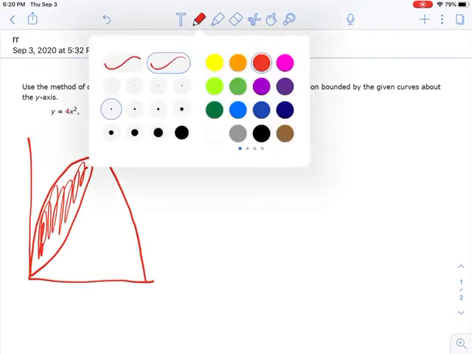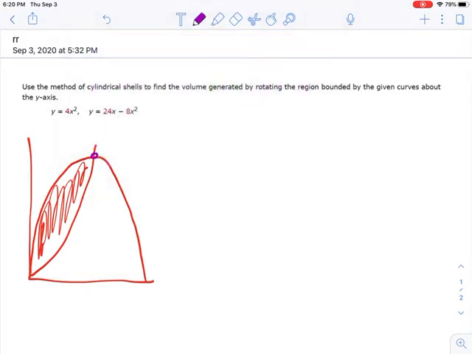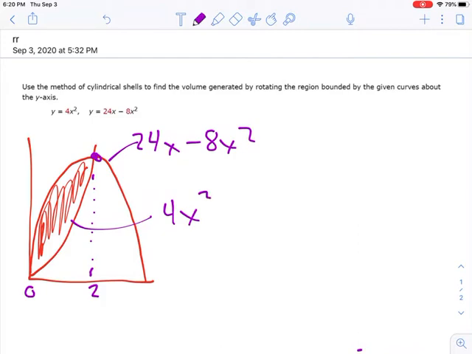This point right here is at 2, and this is at 0. The function here is the downward turning parabola, so that would be 24x minus 8x squared, and that function there is 4x squared.